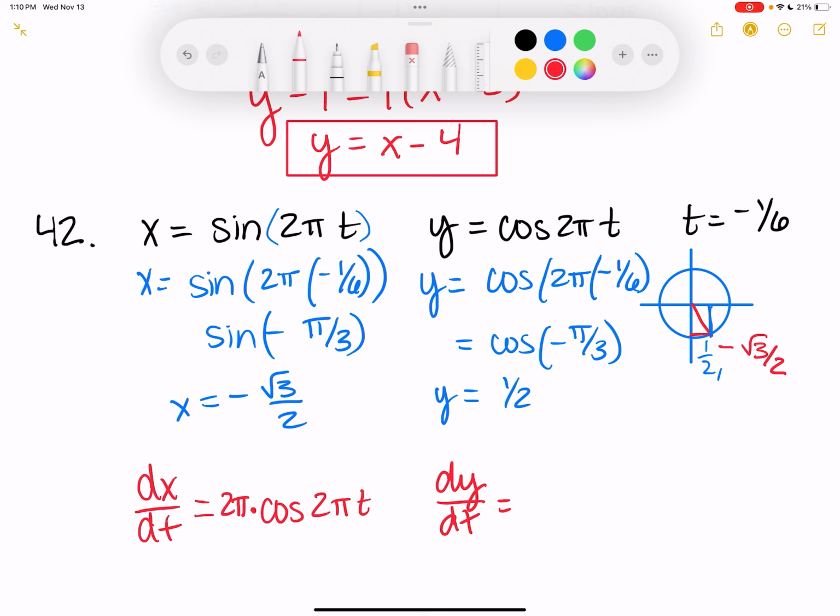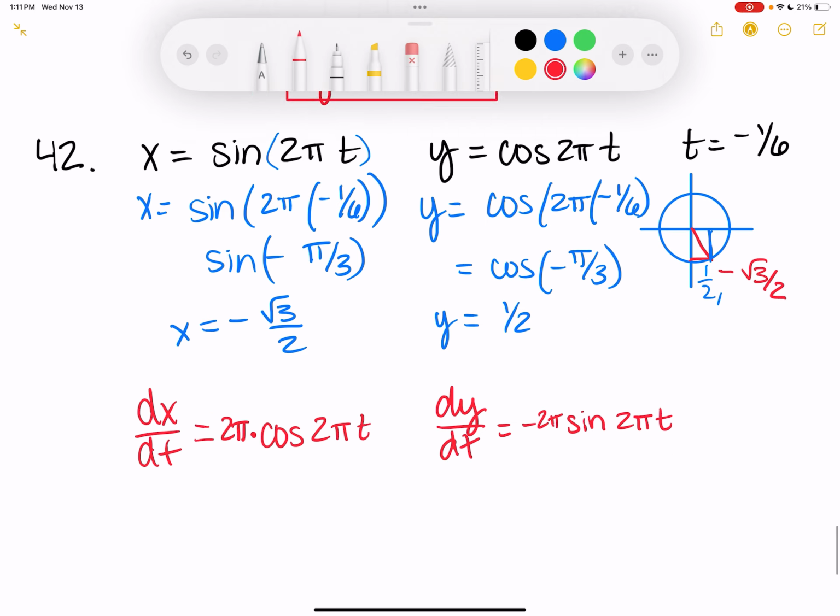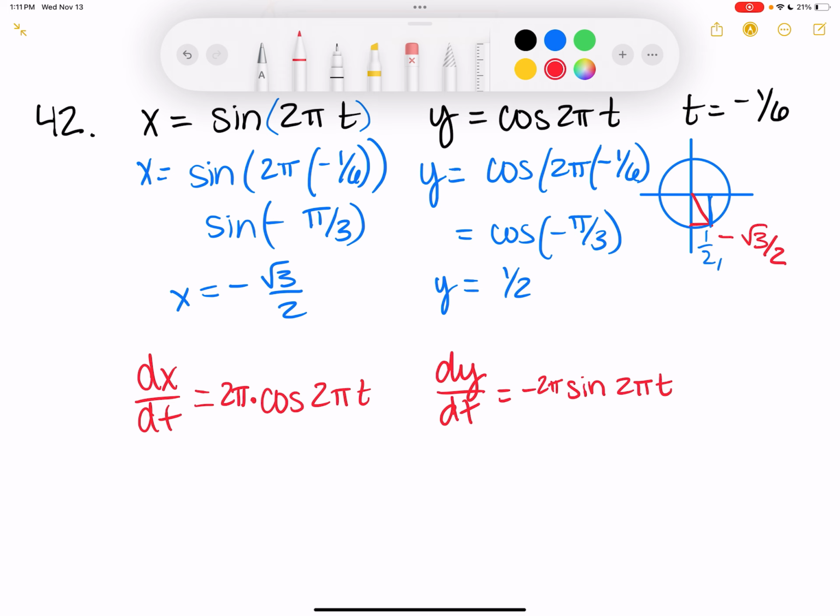All right, what's dy/dt? The negative sine of 2 pi t times 2 pi. Now dy/dx to find my slope. Negative 2 pi sine of 2 pi t over 2 pi cosine of 2 pi t. The 2 pi's cancel.